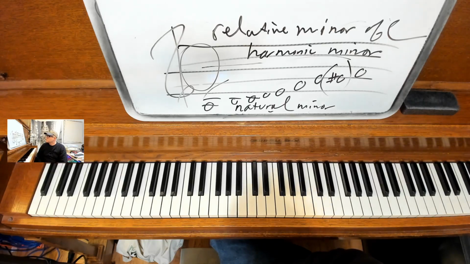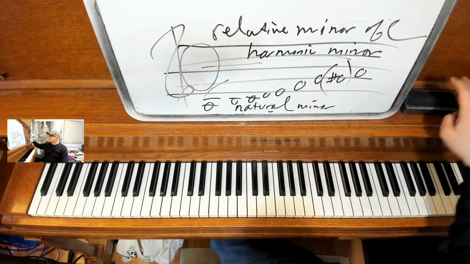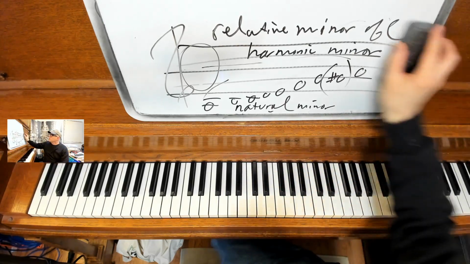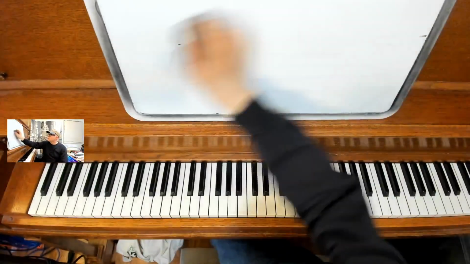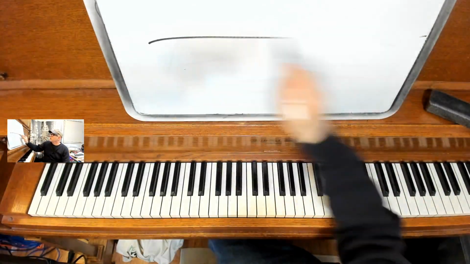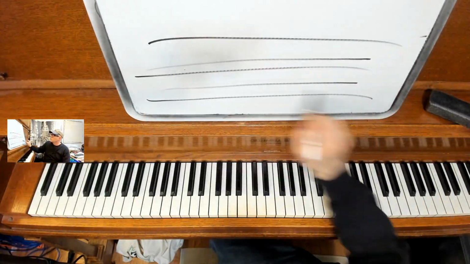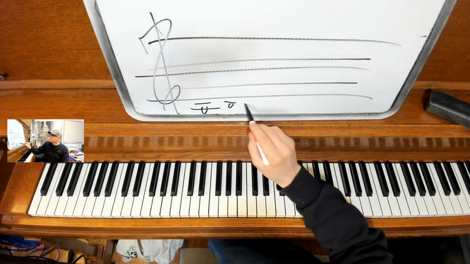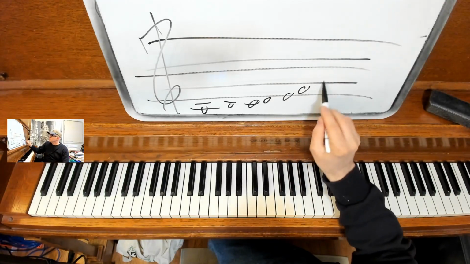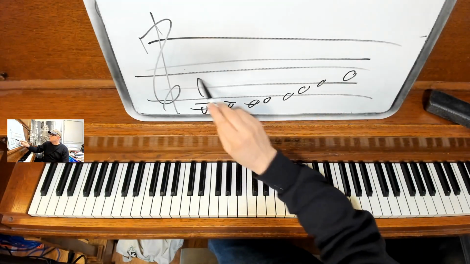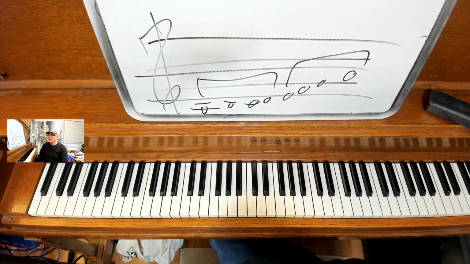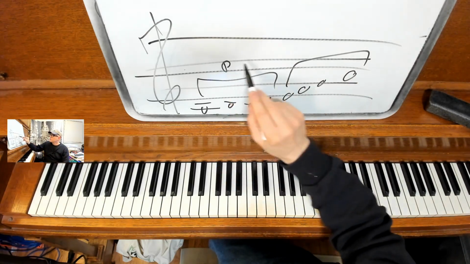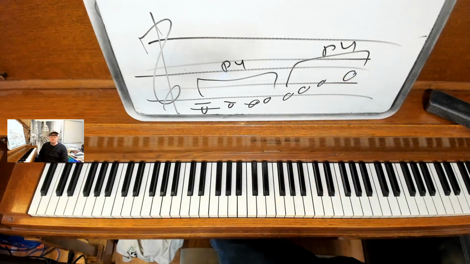In order to figure out the minor scales, you can use your knowledge of tetrachords. So here again, we'll look at the natural minor scale: A, B, C, D, E, F, G, A. So there's your 2 tetrachords, and there's your perfect fourths, both your disjunct perfect fourths.